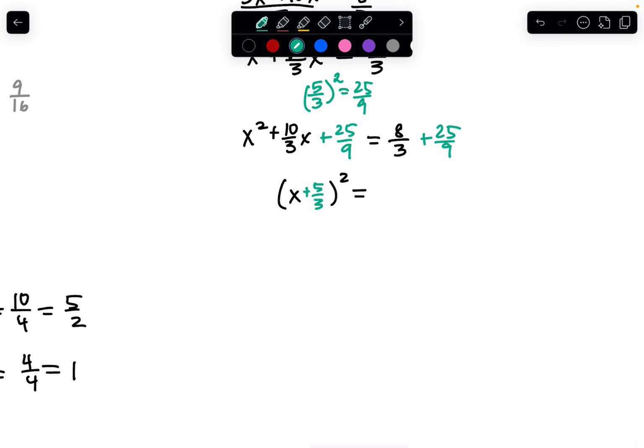And then 8/3 plus 25/9, we need to multiply top and bottom of this first fraction by 3, which gives us 24/9 plus 25/9, which is 49/9.